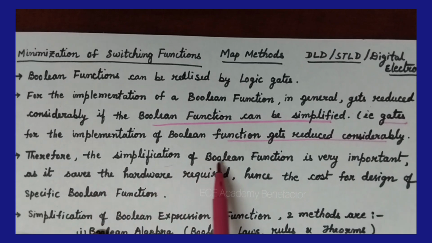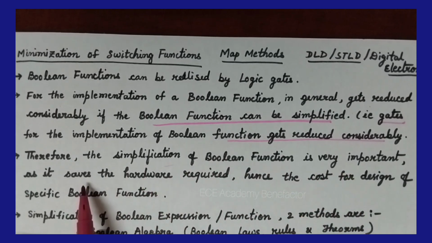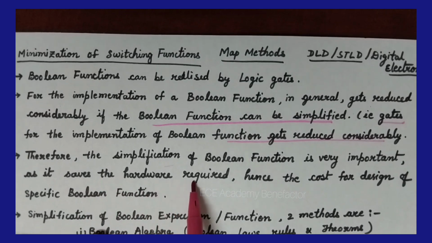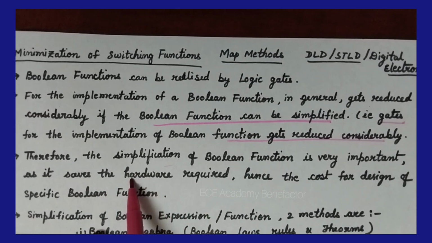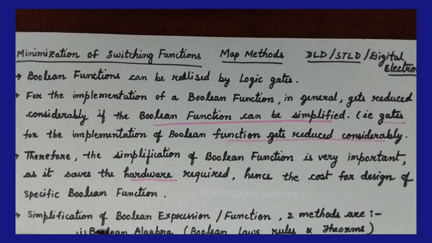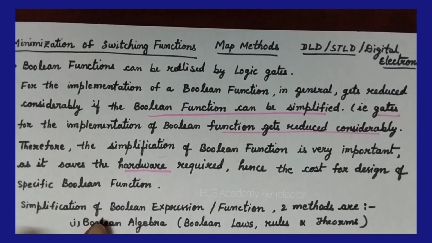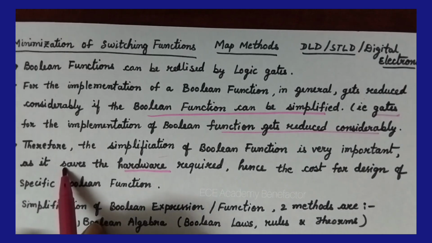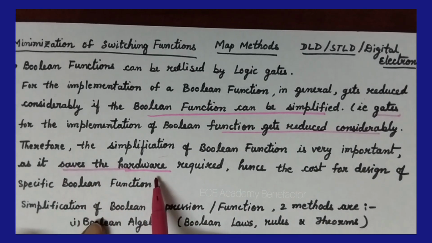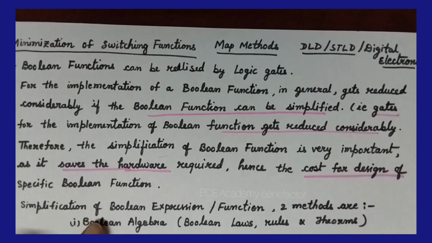Therefore, the simplification of Boolean function is very important, as it saves the hardware required. Hardware means here logic gates, which are required for implementing the switching Boolean function. By saving the hardware, it reduces the cost for the design.